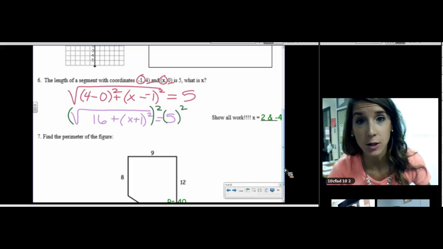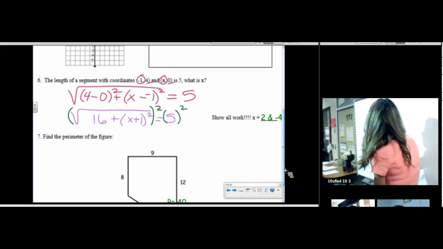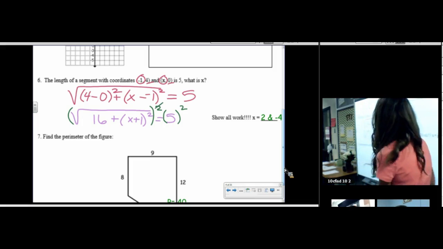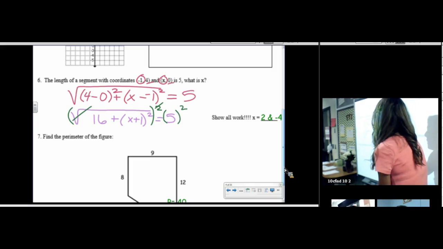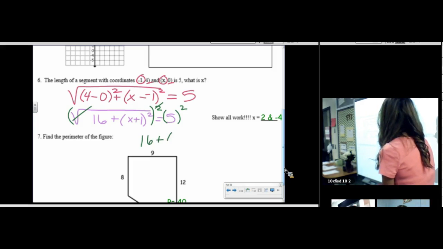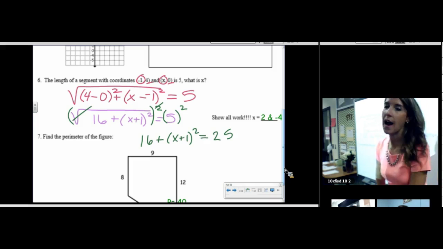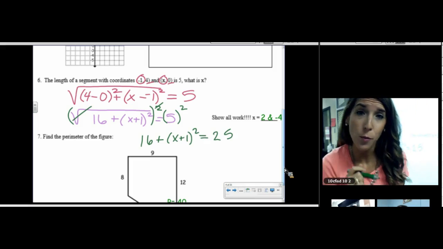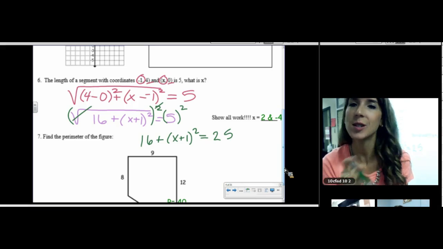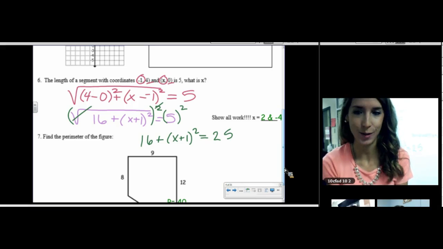The square and the square root are going to cancel. So this and this cancels. So we have 16 plus x plus 1 squared equals 25. I did not touch what was under the square root. I didn't square the stuff underneath because it canceled out.